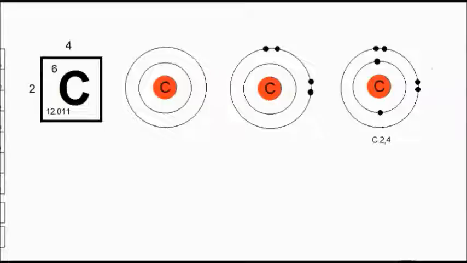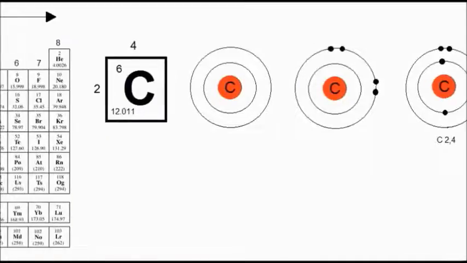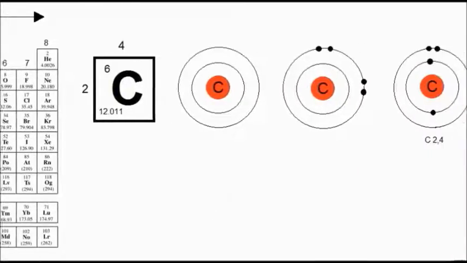So there's the structure of the carbon atom, and we can write this as C, the chemical symbol, then 2, which is what we have on the first shell, and then 4, what we have on the last shell. So it proves the 4 at the top is the electron number on the last shell, and 2 is how many shells it has. It's really easy. We can just work it out really quickly.